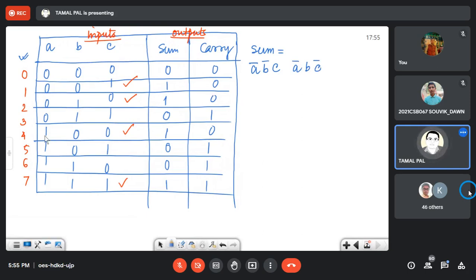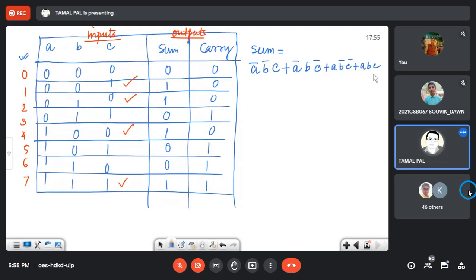For this row, A, B complement, C complement. For this row, A, B, C. Now we are joining by OR operation. This is the expression for sum.